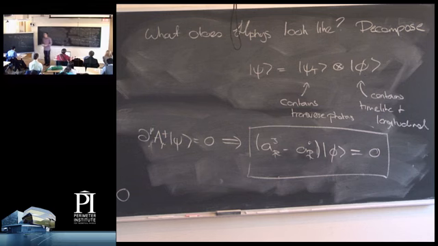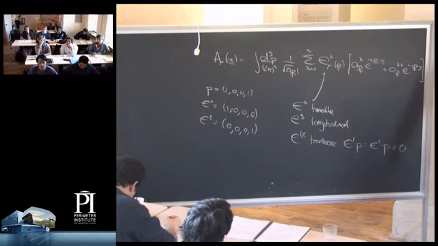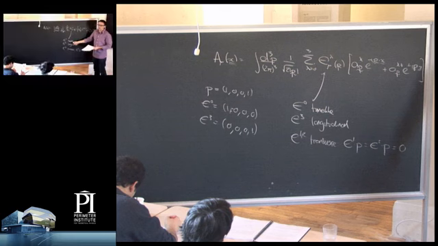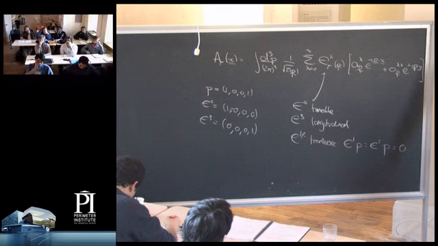For the time-like and longitudinal polarizations, somehow I defined the polarization vectors in such a way that they drop out. It's also true that these are normalized.